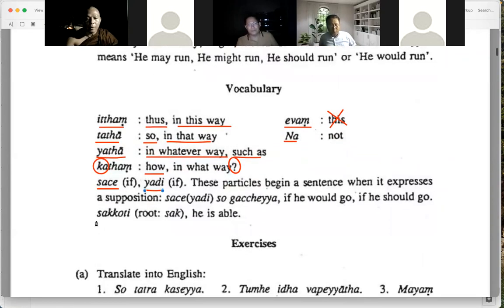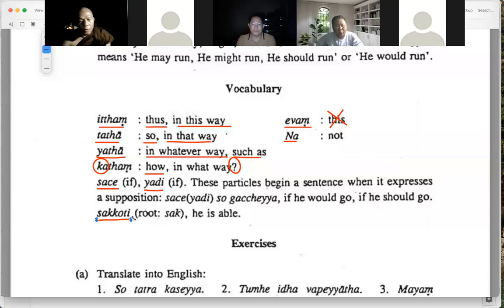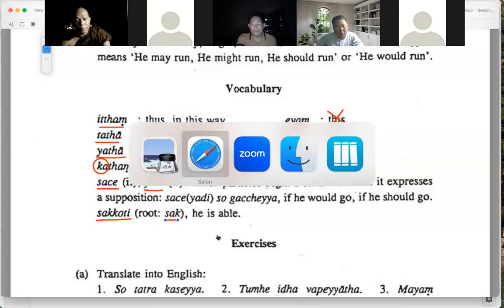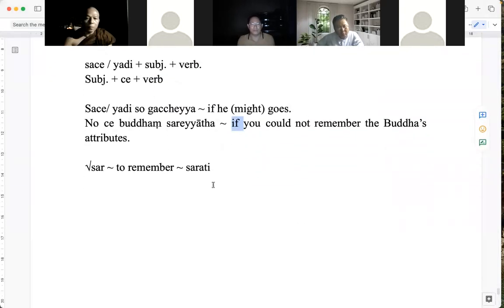And then another one is actually sa. Okay, sa. So actually the root sak, you see, sak, means to be able. And the sign is unha.